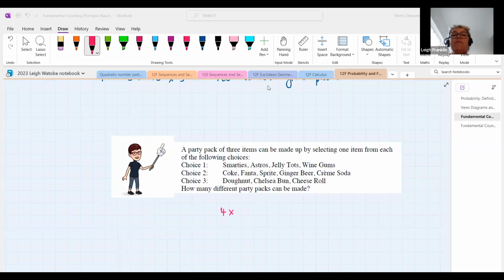We have 5 different options. Good. And for choice number 3, we've got 3 different options. So we would just multiply them together, and that means that there are 60 different party packs that could potentially be made from these choices.